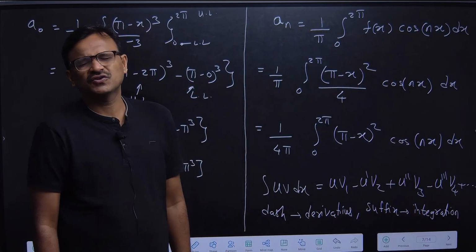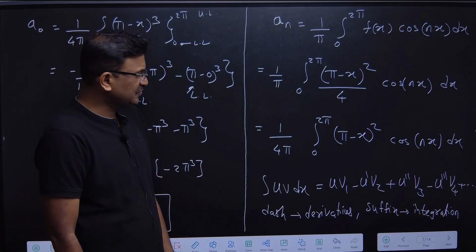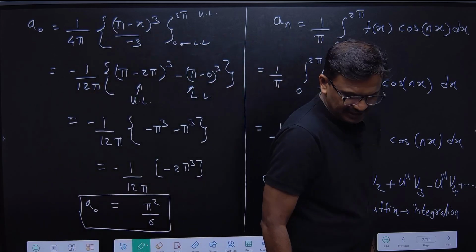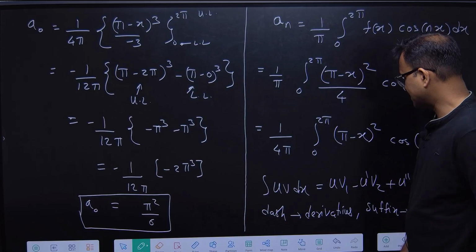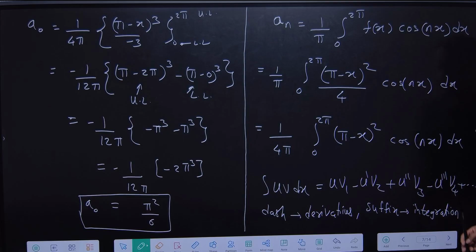V1 is the integration of V, V2 is the integration of V1, V3 is the integration of V2, and so on. So it is alternate plus minus sign in this formula, and suffix is representing integration.